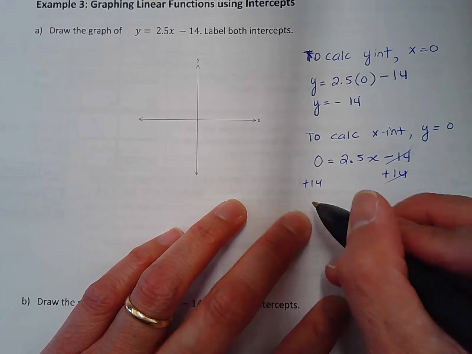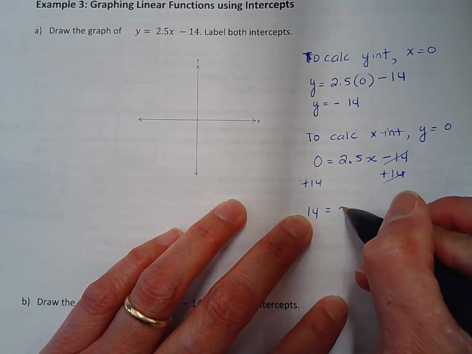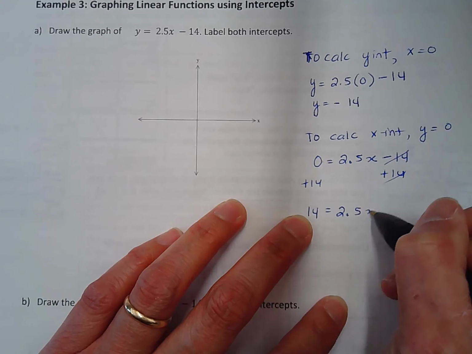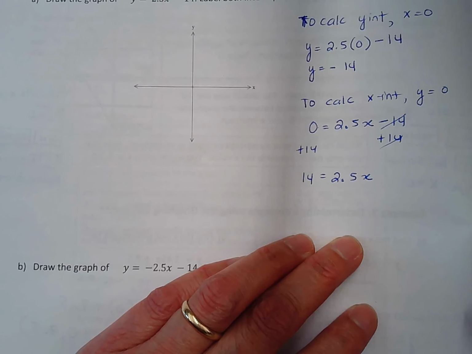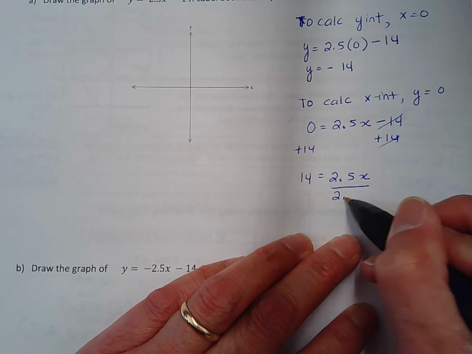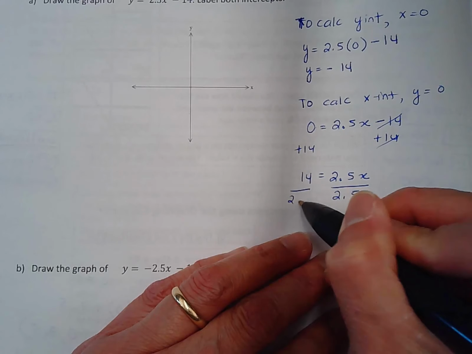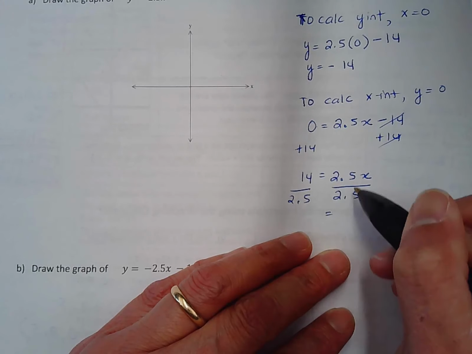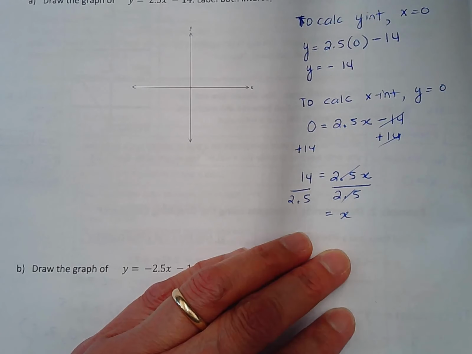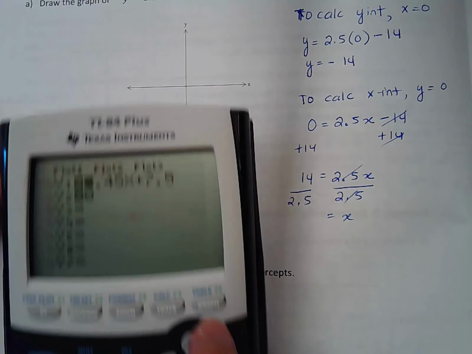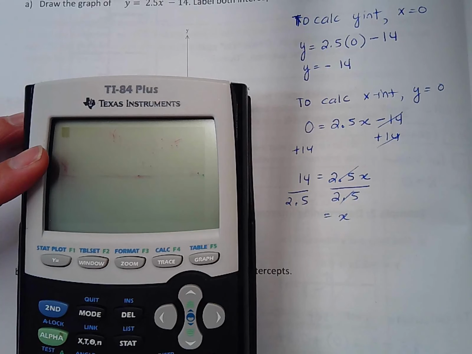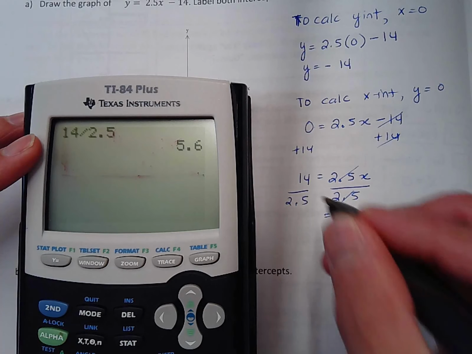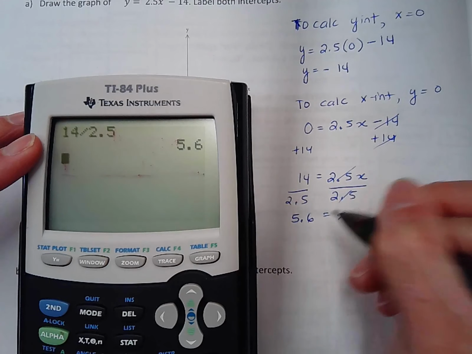So 0 plus 14 is 14, equals 2.5x. So x equals 14 divided by 2.5. I don't know what that is. 5.6.